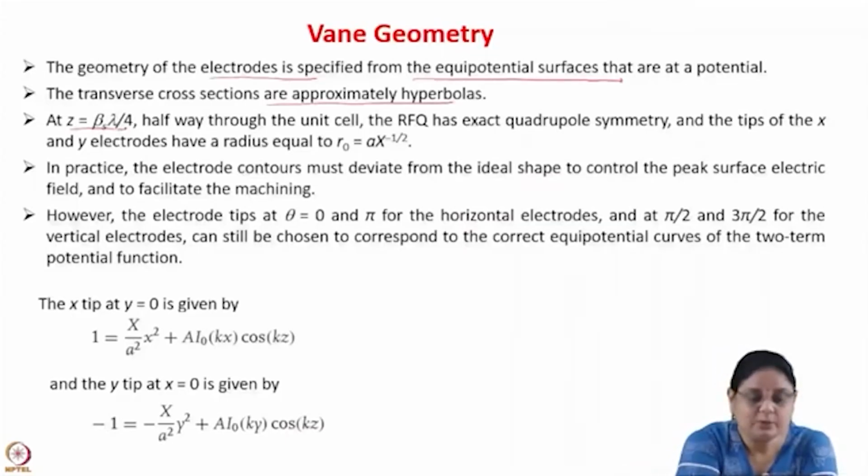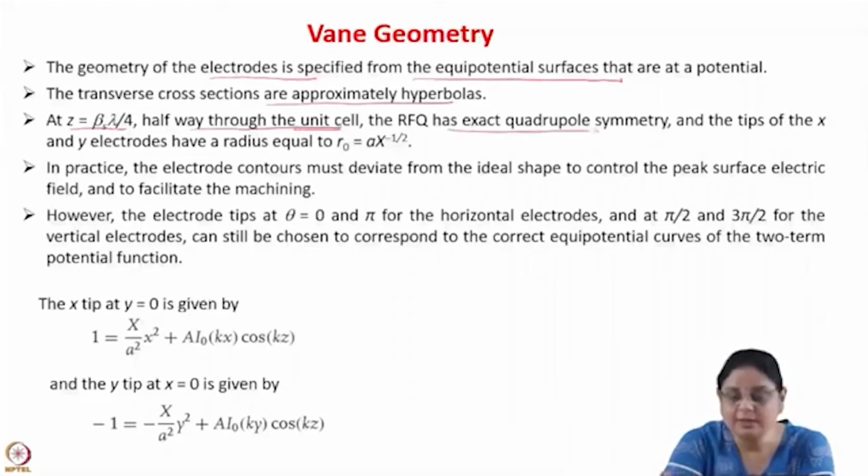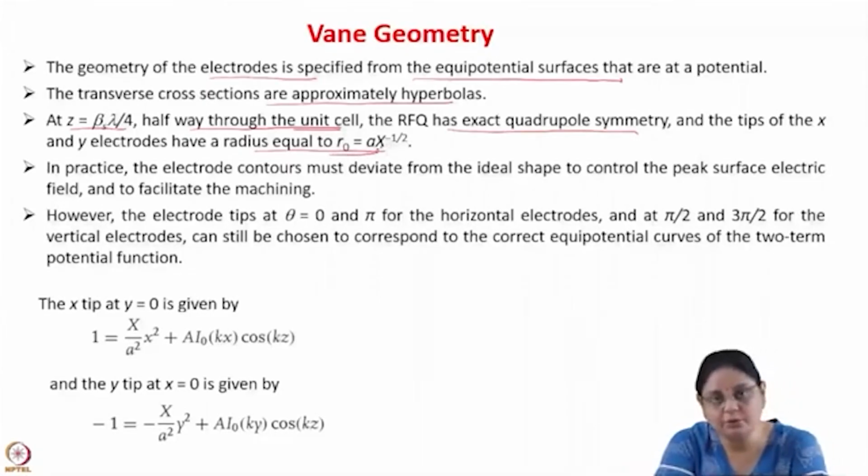Now at Z is equal to beta s lambda by 4, that is halfway through the unit cell, the RFQ has exact quadrupolar symmetry and the tips of the X and Y electrodes have radius equal to R0, which is equal to A divided by under root of X.